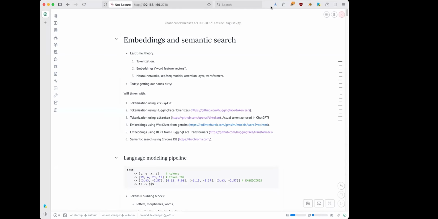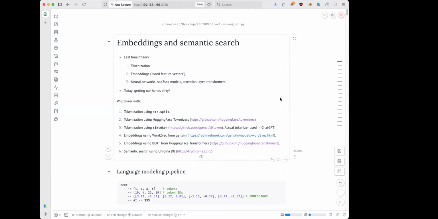Absolutely. Okay. So today's lecture is concerned with the code, the practical details, and the things you want to do when you actually work with the technologies that were discussed in the previous lecture. So today we talk about embeddings, tokenization, and semantic search.